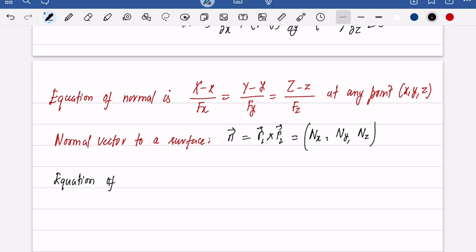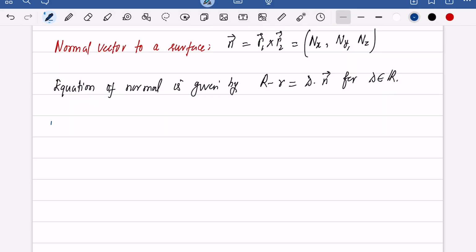Or the equation of normal is given by r minus r0 is equal to, suppose, some lambda times n, for this lambda belonging to R. This is also a way to write down the equation of a normal to a surface, r minus r0 equal to lambda times n, where n is the vector given by r1 cross r2.